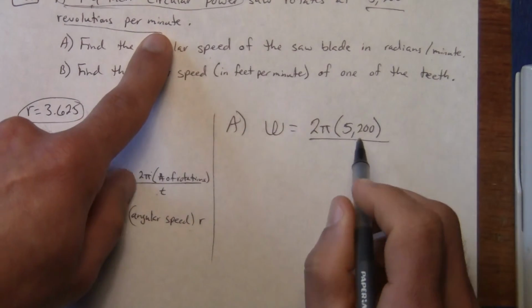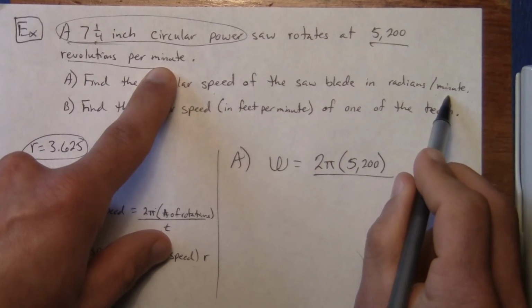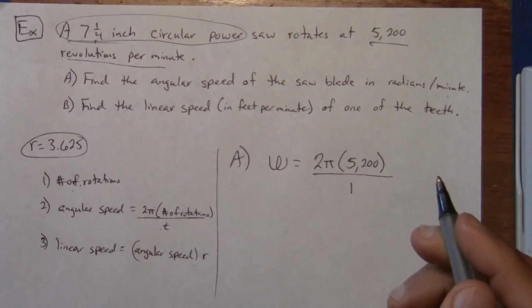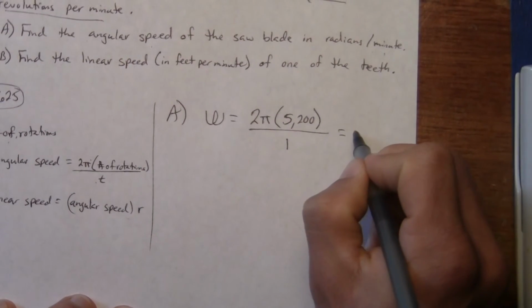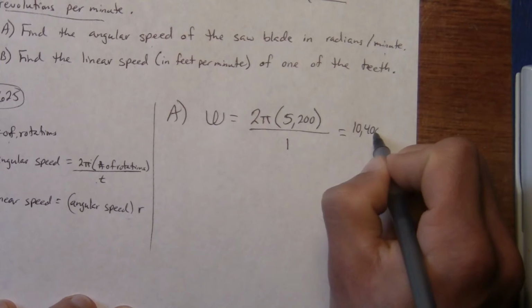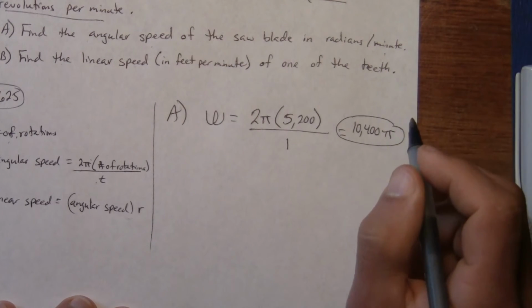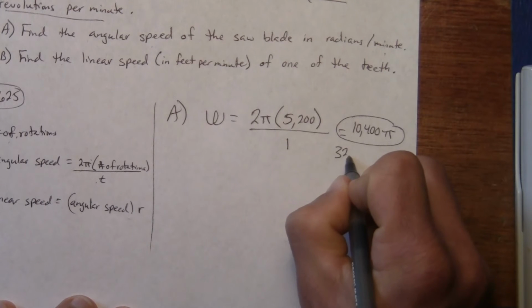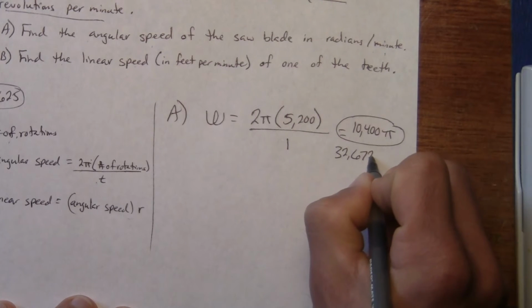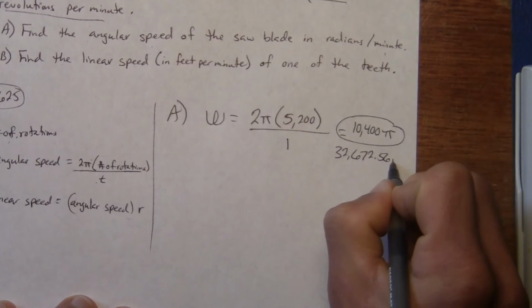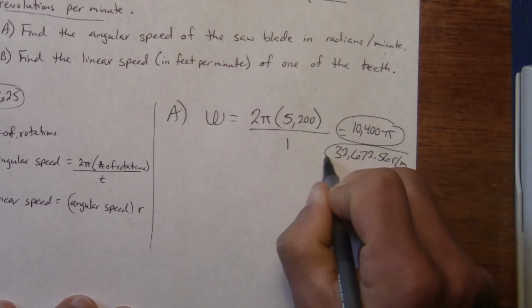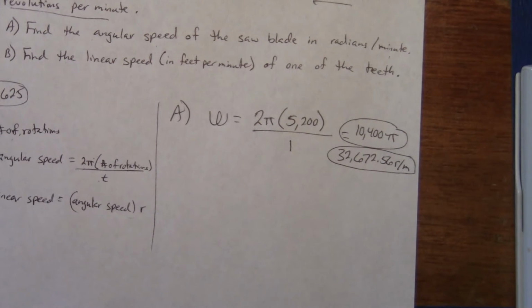It was in minutes to begin with. They want it to stay in minutes. So I really just divide by 1. So my angular speed is going to be 10,400 pi. And that's an exact answer. Or if you look in the book, they give 32,672.56 radians per minute. I believe they give both answers, but they're the same thing.